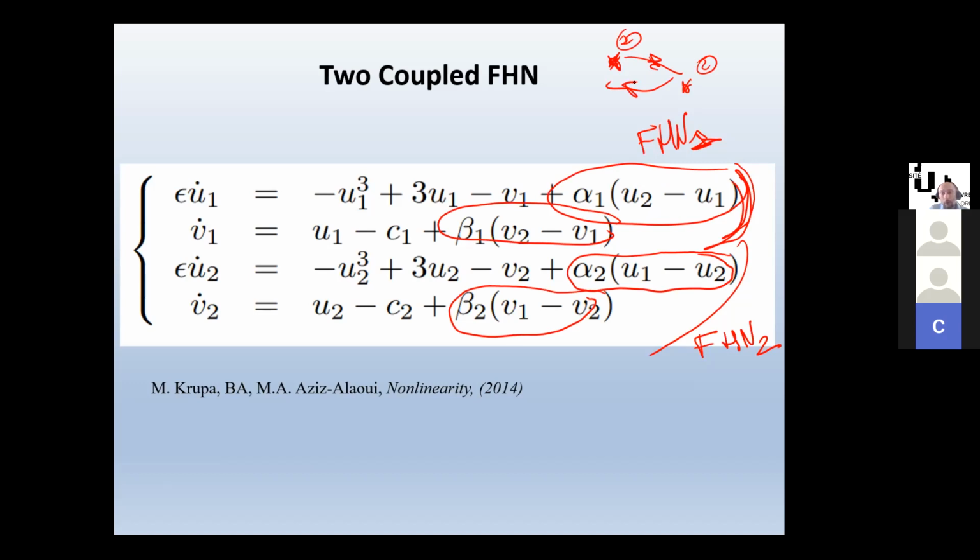And of course the nodes are not the same, they are different. So C1 is different from C2. That's the difference between the first node and the second node. Basically, C1 will be in an oscillatory state, and the second node will be in an excitable state. This is the idea.